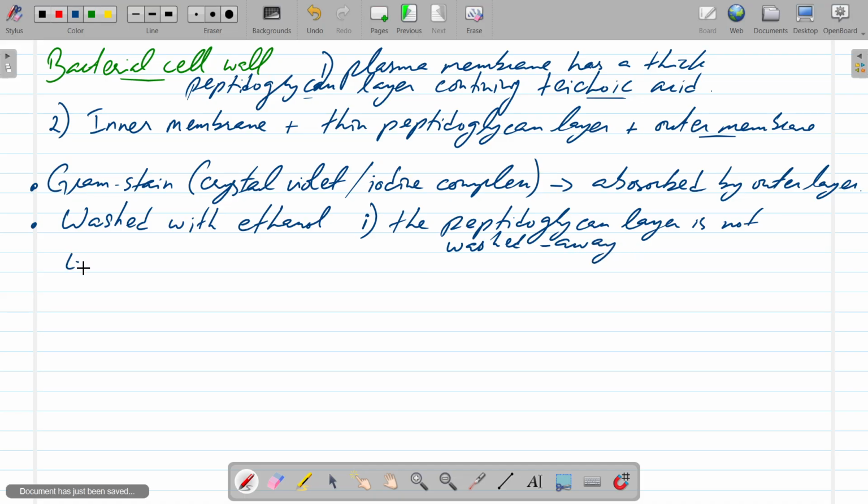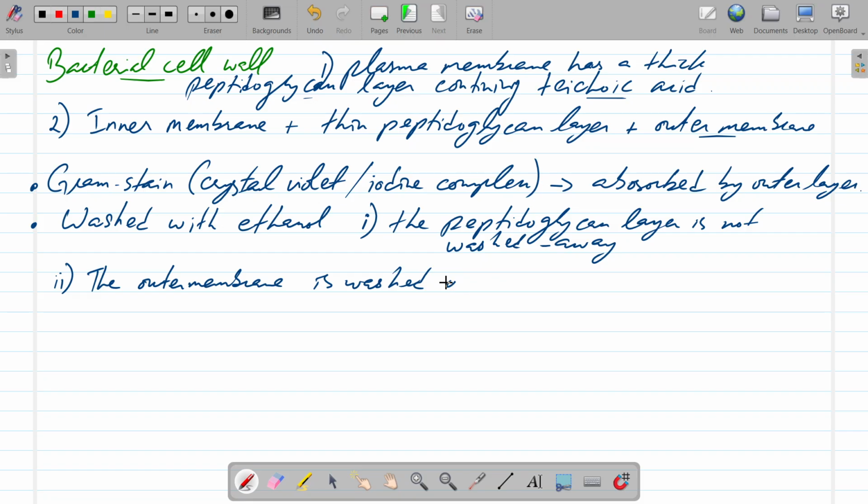The other option is that if the outermost layer is the outer membrane, it is washed away by the ethanol. So there are two things that can happen depending on how the cell wall is.